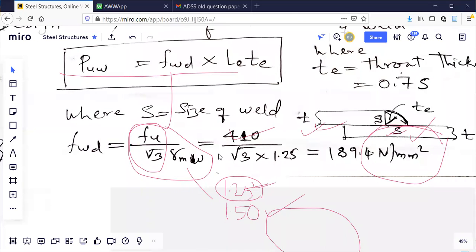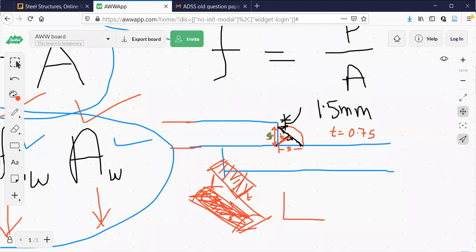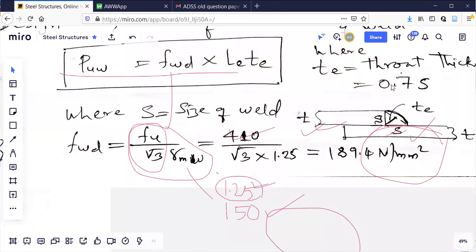So finally, I'll substitute this value 189.4 if at all the welding is done in the shop, into length, which is directly measured from the figure. Size of the weld will be given, 6 mm or 8 mm like that. Size will be given. So this S, whatever I'm telling, is given. From the size, I can get 0.7 times S. I'll use that one and I'll find this PUW. Okay, this is what we have done in starting point of welded connections.